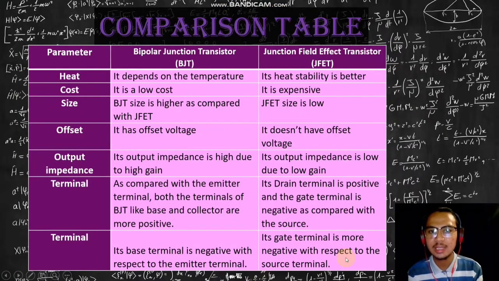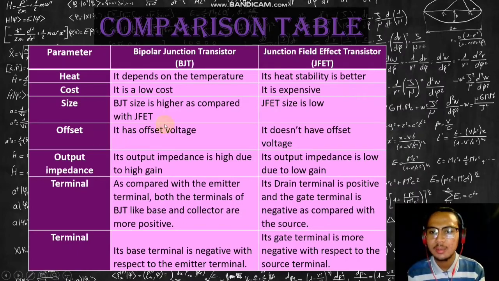Okay, next the second comparison table. We go to the heat. BJT depends on the temperature, while JFET's stability is better. For the cost, BJT has low cost, while JFET has expensive cost. For the size, BJT size is higher and JFET is low.